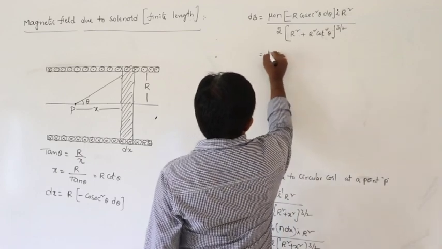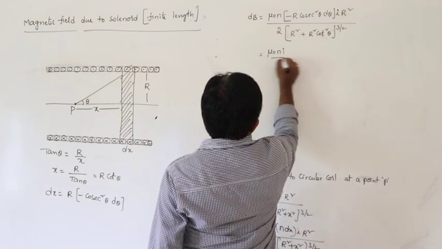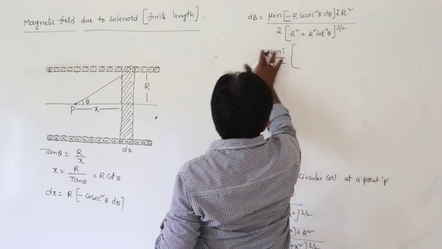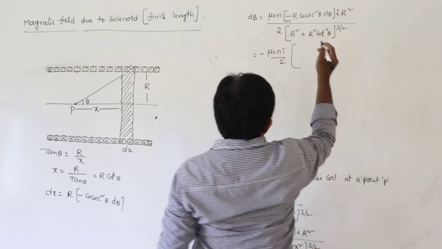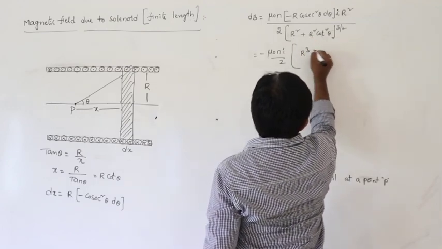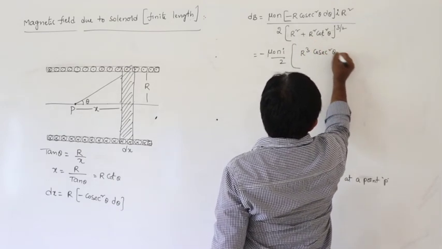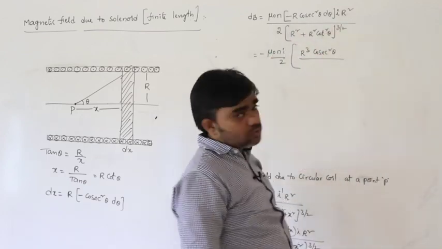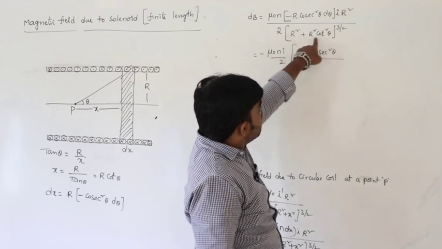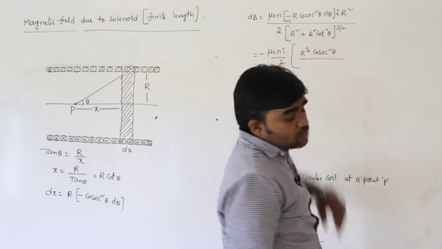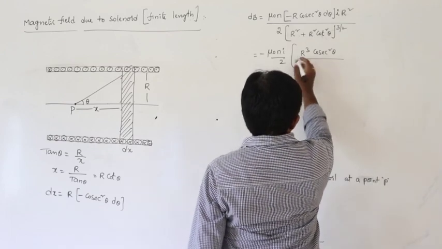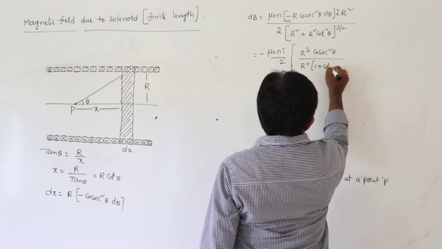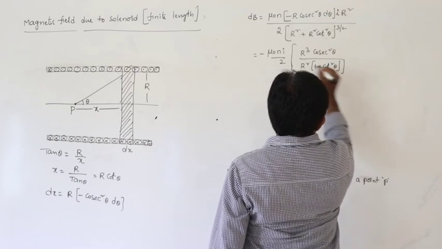So that equals mu naught Ni by 2 into minus r cube cosecant square theta divided by r square common, 1 plus cot square theta, whole power 3 by 2.